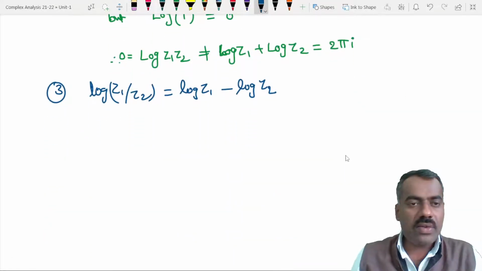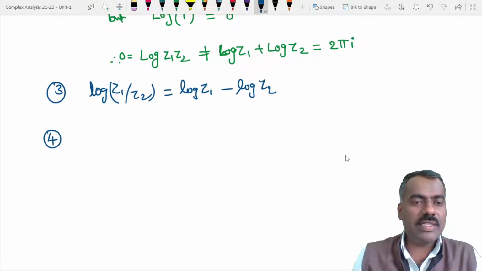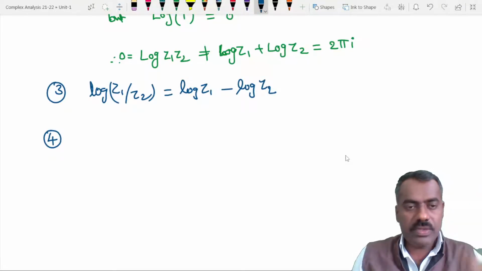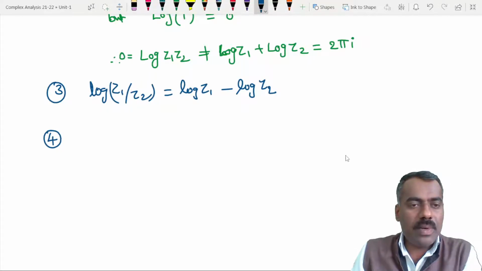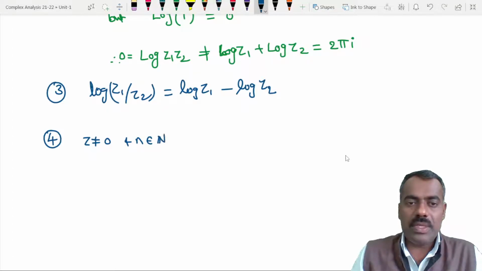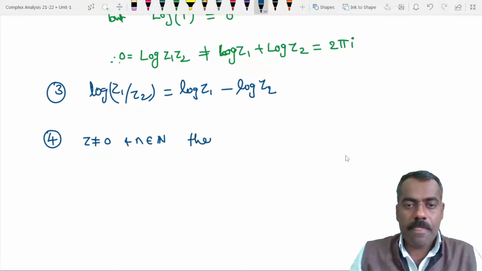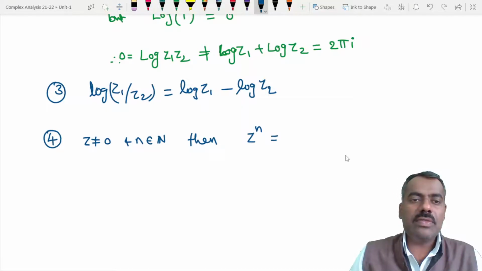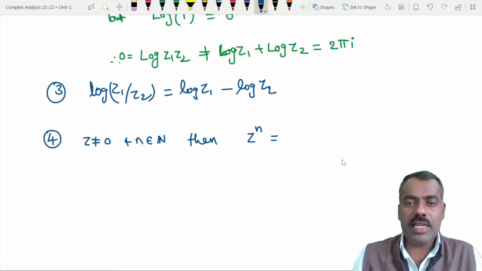And we can also have some values. For example, if z is a non-zero complex number, and n is any natural number, at present you take natural number, later you can do it for integer also, then what can you say about z power n in terms of this log or exponential?